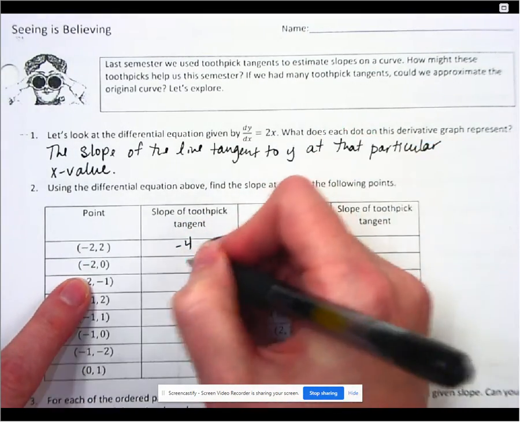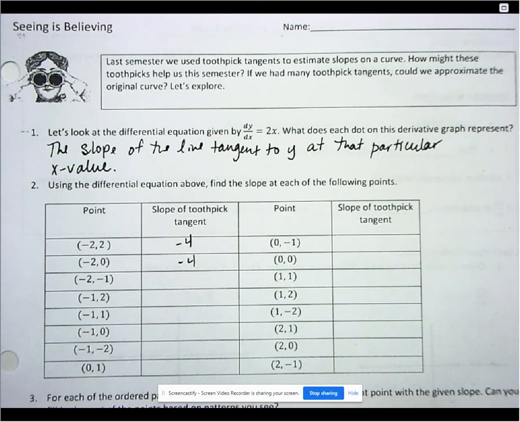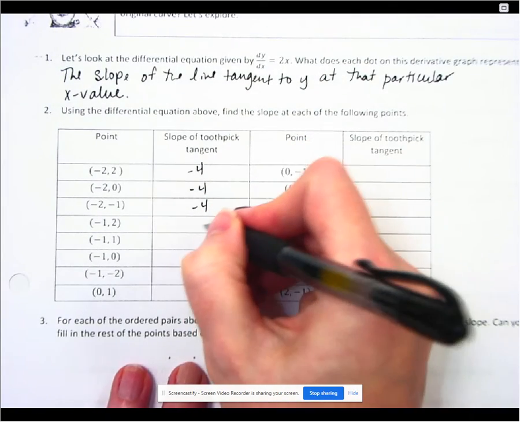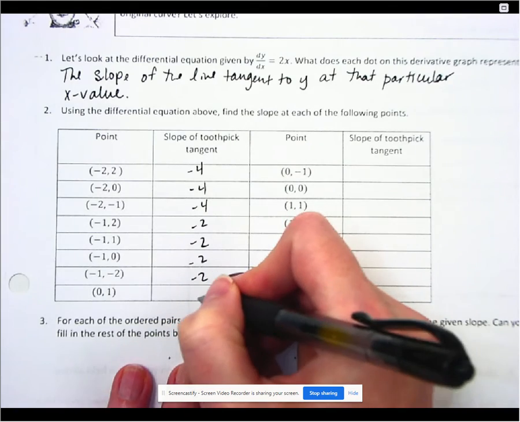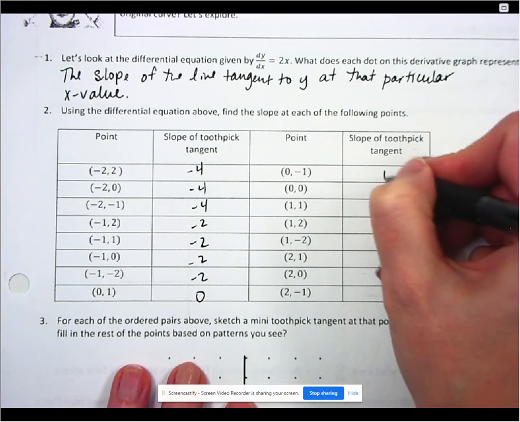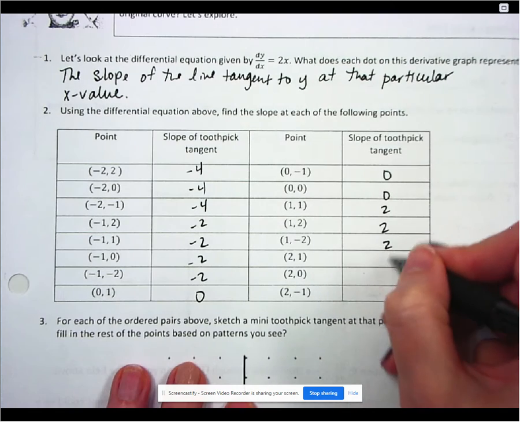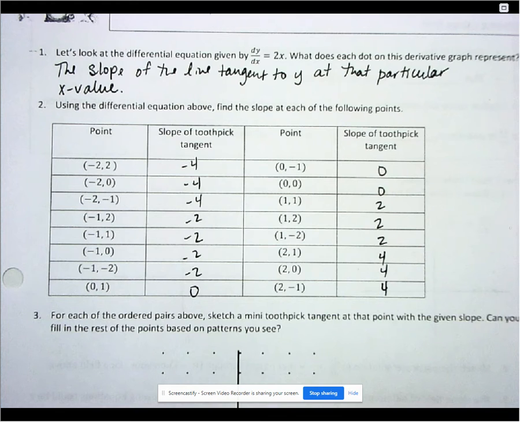We plug in the -2, we get -4. So plug in all those x values into the differential equation. Pause the video if you need to. All right, so if you're not done, just pause it and then check yours with mine.